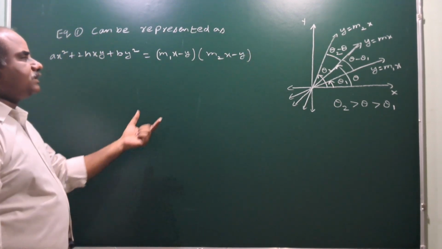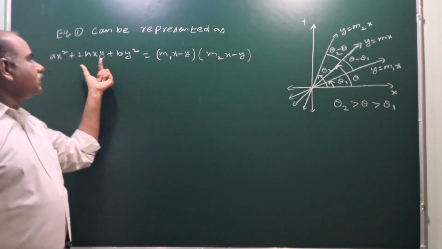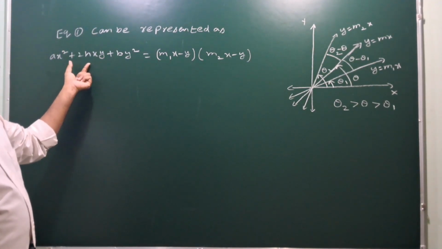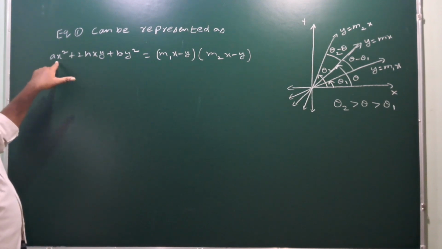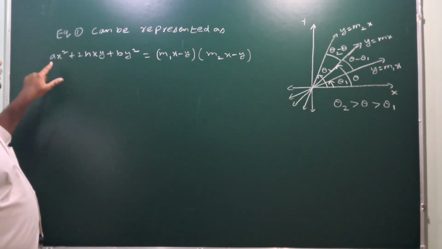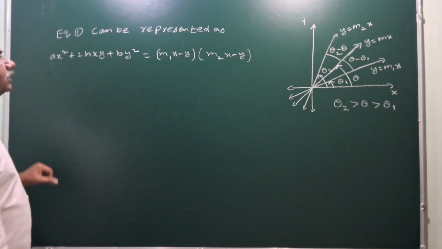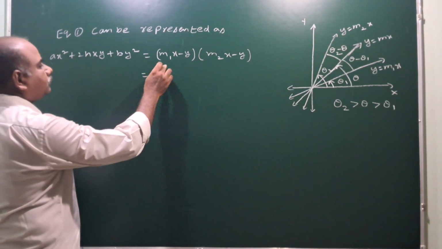Since these are the straight lines represented by this second degree homogeneous equation, we have to multiply these two and then compare with the various coefficients of x and y. We get the values of a, 2h, b. Okay, let us see the multiplication.